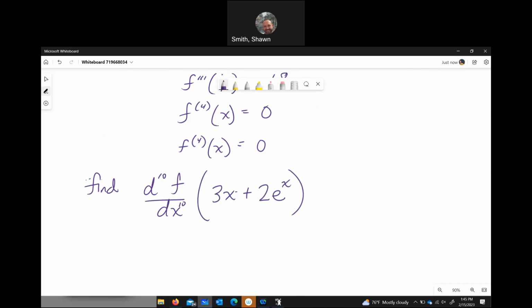Find the 10th derivative. That's what that notation means, right?